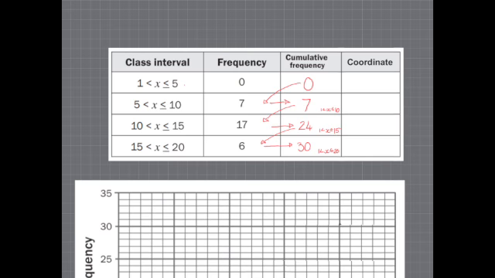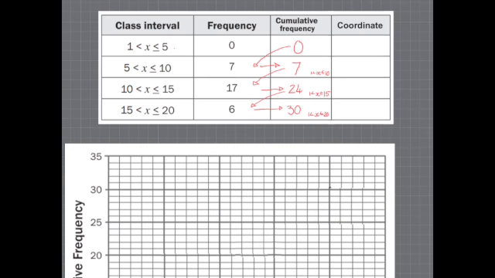So I said we're going to plot this onto the Cartesian plane, which means we need some coordinates. Now the x values are the values of the marks and the y values are the frequency or the accumulated frequency. We're going to take the last amount in each class interval as the x coordinate.